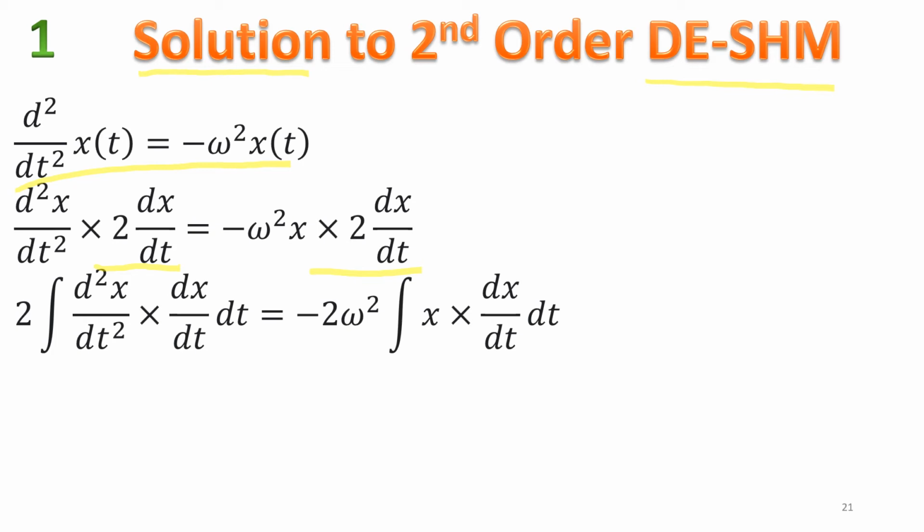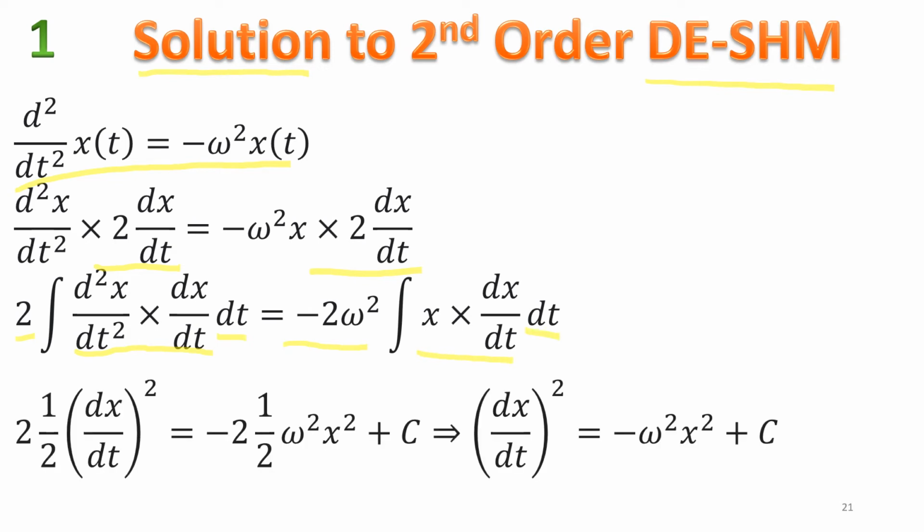d2x by dt square into dx by dt is being integrated over dt. 2 is a constant, so it is taken out of the integration sign. Now minus 2 omega square is a constant on the right hand side, and inside the integration we are left with x into dx by dt, integrated over dt.